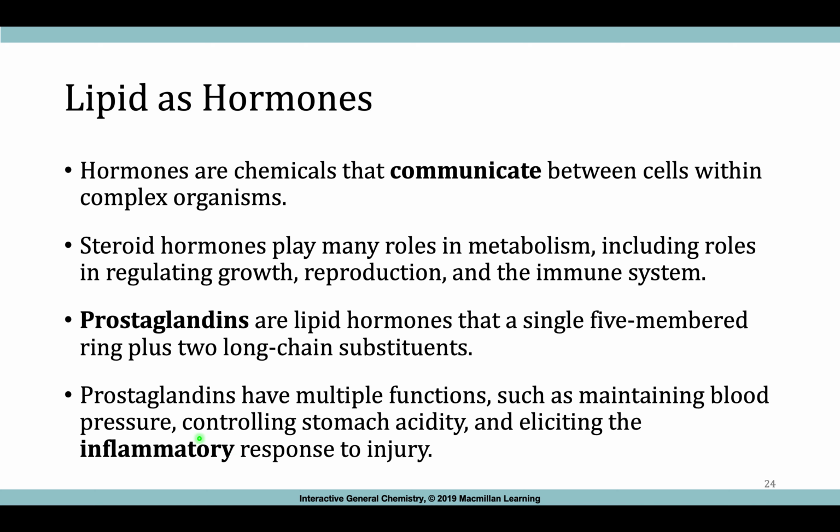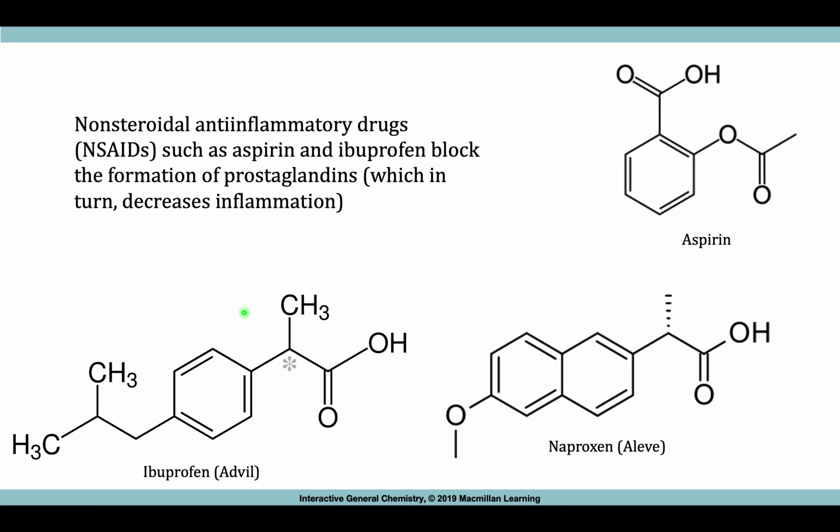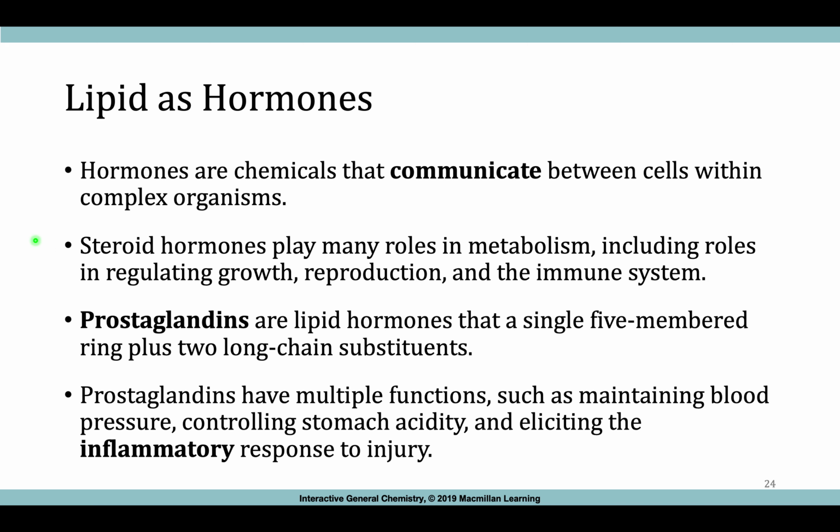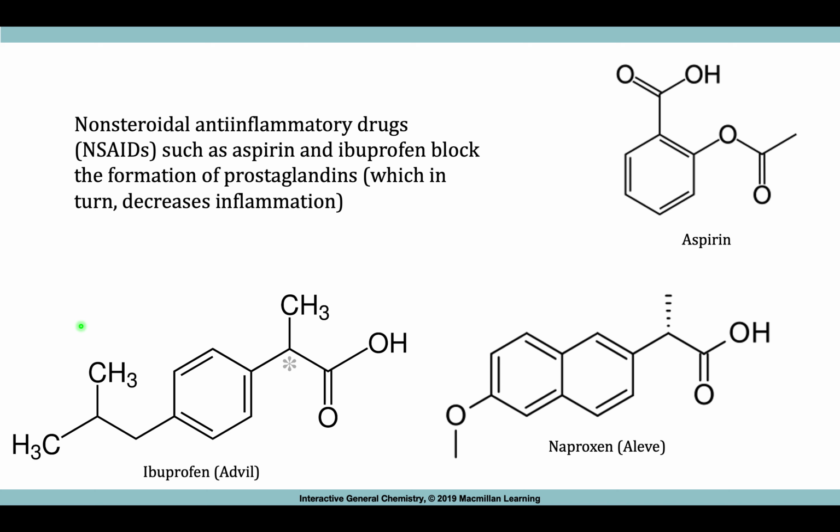So thinking of prostaglandins as inflammatory increasers, if you see the word NSAID, or non-steroidal anti-inflammatory drug, these are less powerful than steroids, but they're still very effective, and you don't have to go to a doctor. Ibuprofen, naproxen, aspirin, would be something like Advil or Aleve.